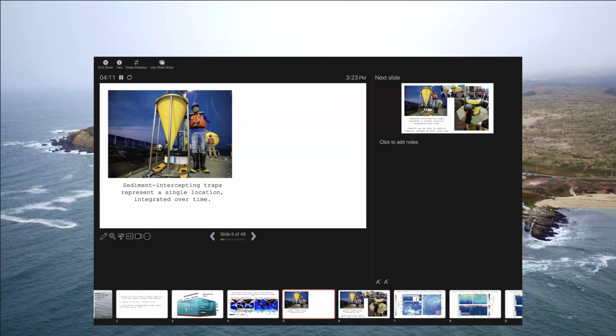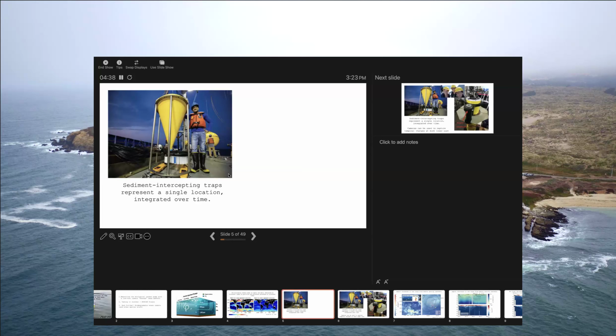And this poses a tremendous challenge to those who aim to observe this flux, because our typical or traditional methods for capturing this carbon are through what are called sediment intercepting traps. One is shown here in this cone shape, where you hang this structure below the surface from a surface buoy, or you moor it to the bottom.